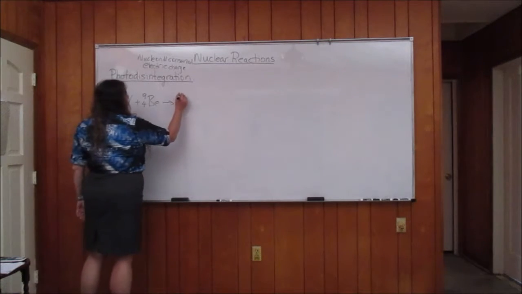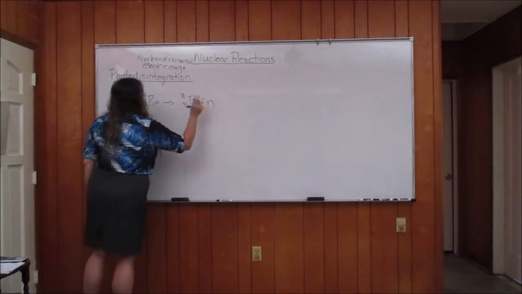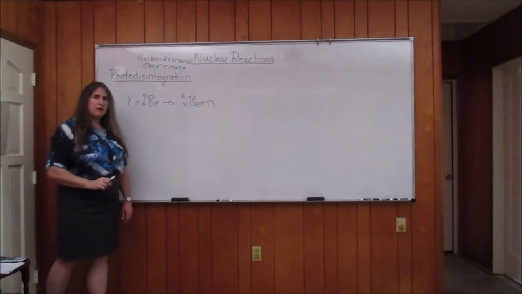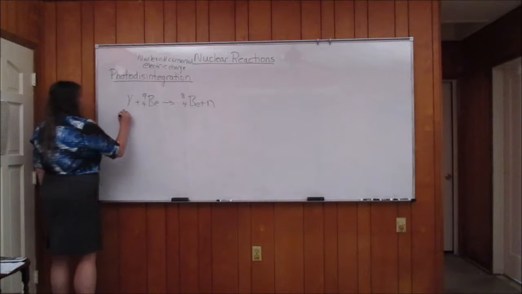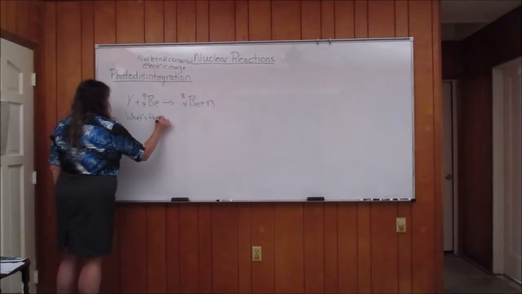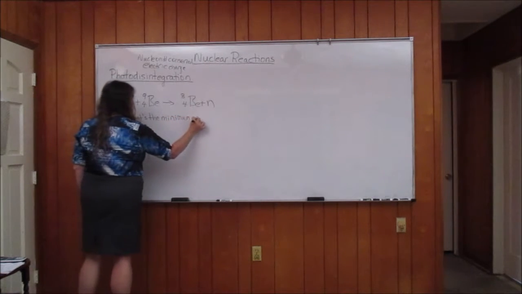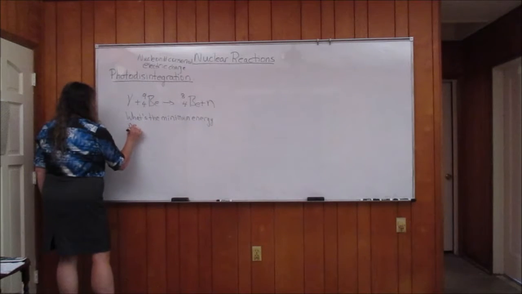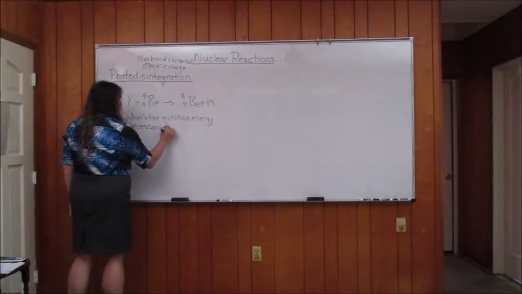So the daughter nucleus in this case is going to be beryllium-8 plus a neutron. So the question is, what's the minimum energy necessary for this reaction to occur?